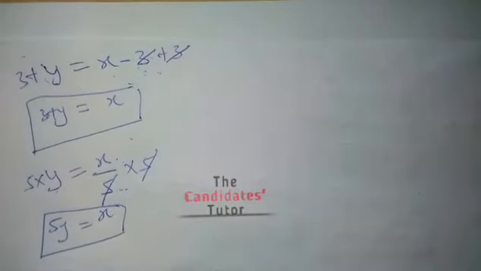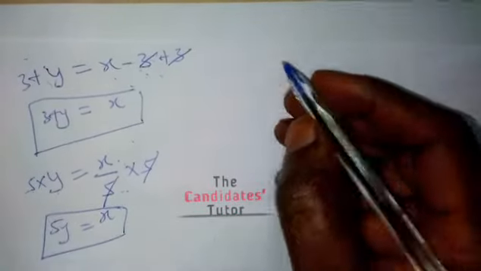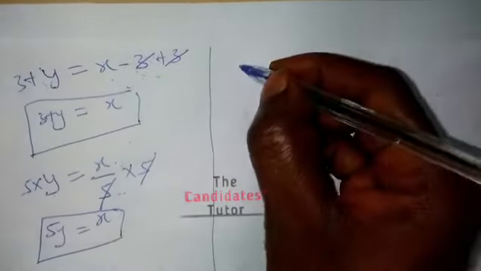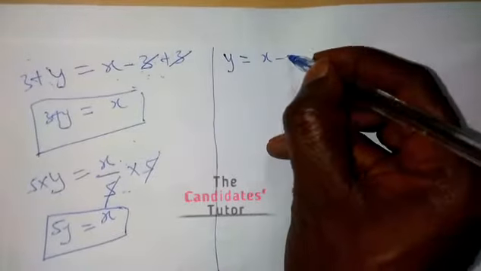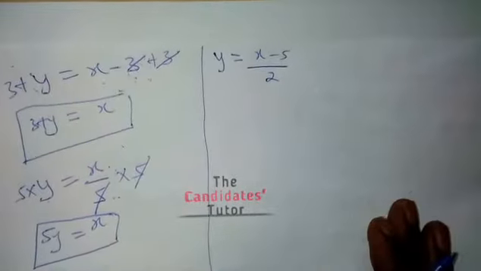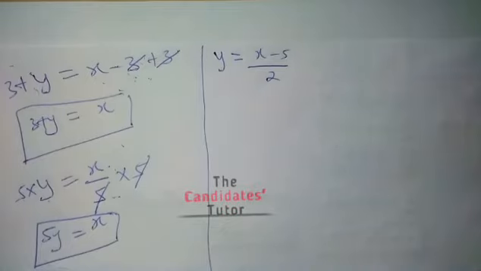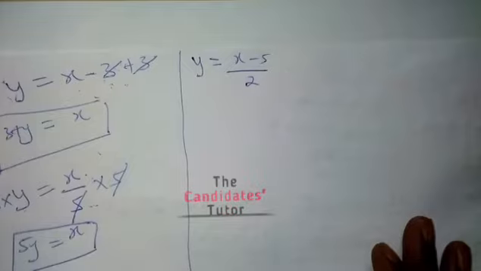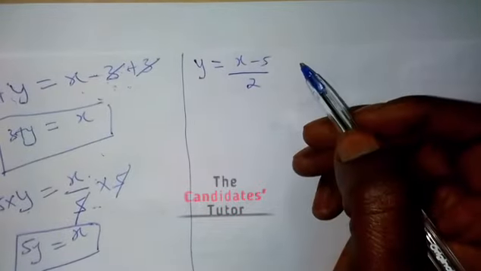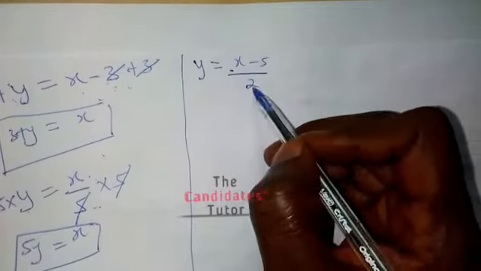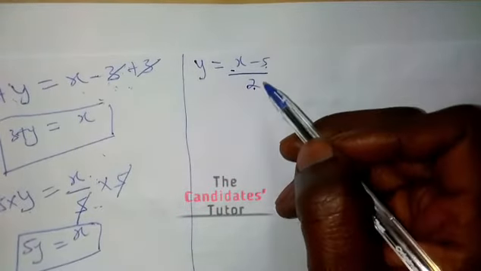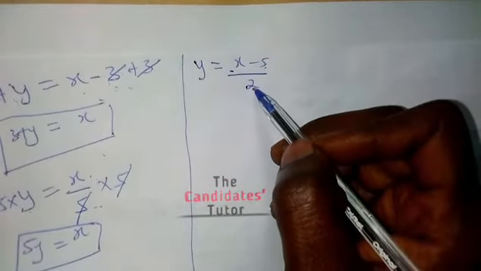Okay, let's solve more. Let's see how we are going to solve something like this. How about if we have y is equal to x minus 5 over 2. Make x the subject. Pause the video and try it, and then resolve it. Now first you realize that the numbers affecting our x are 2 and then 5. So first let's take care of the denominator here, 2 out.